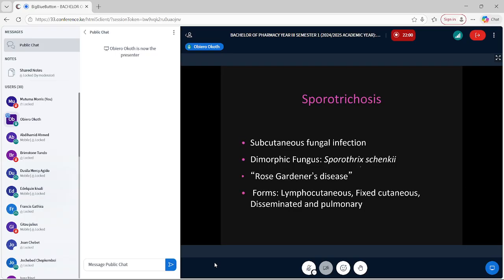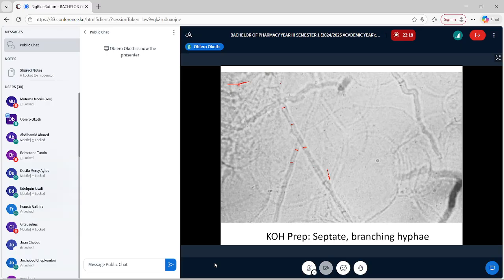Sporotrichosis is basically a fungus that has gone deeper into the subcutaneous tissue. It's a subcutaneous fungal infection. It's called a dimorphic fungus because in human beings it's in a unicellular yeast form. When it goes outside, it becomes hyphal; it develops what we call hyphae.